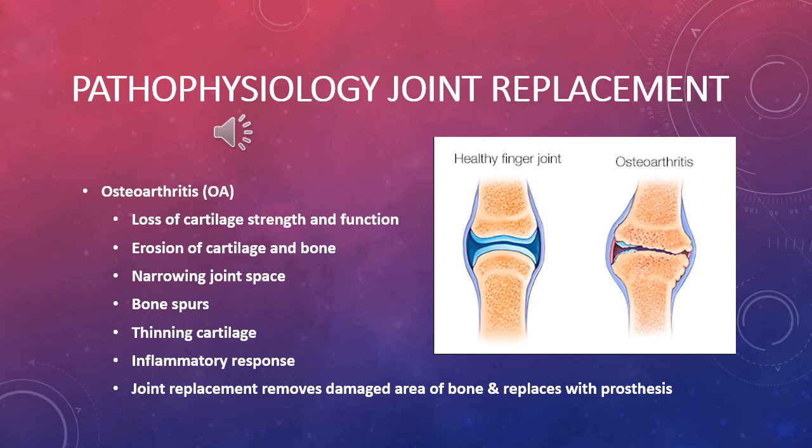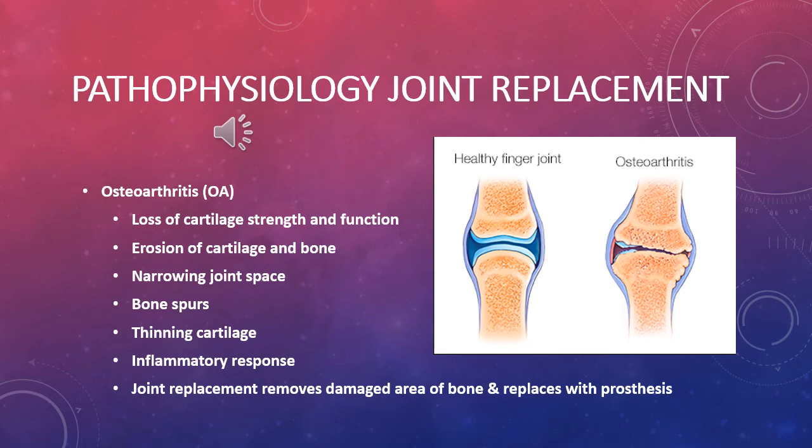All right, so pathophysiology of joint replacement. Osteoarthritis is a leading clinical need for joint replacement. What happens is there's a loss of cartilage strength and function, and there's erosion of cartilage and bone. There's also a narrowing of the joint space, and this produces bone spurs and thinning cartilage.